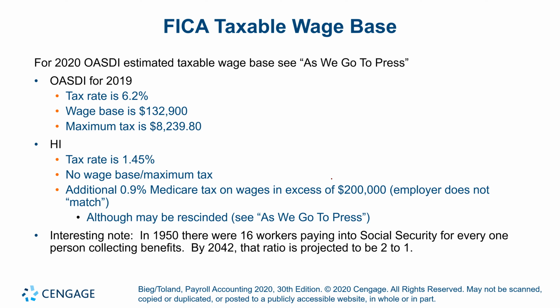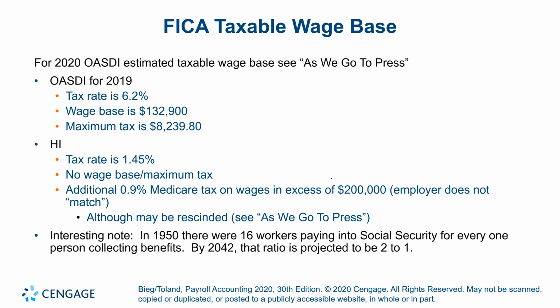I know I probably have said this a lot, but for those of you that had me for Principles of Accounting 2, we got a lot of practice with these calculations. And in Principles of Accounting 2, because that book was published in 2016 or 2017, whatever it was, the wage base at that point was 118,500.